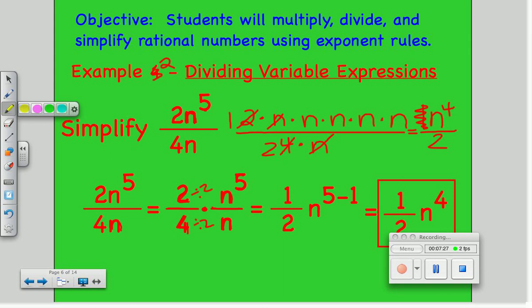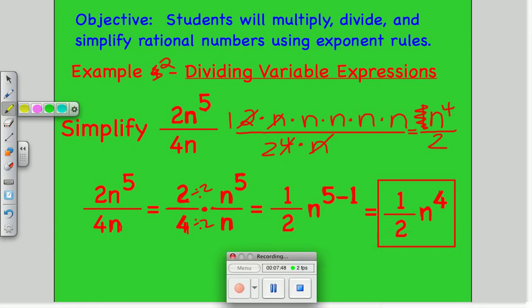We're just reducing a fraction, same that we've done many times before. Reduce the fraction to 1/2. And then we're multiplying that times n raised to a power 5, because we have the 5 here, minus 1, because we have 1 n here. 5 minus 1 is 4, so n raised to the power of 4. Okay? So there's your answer.